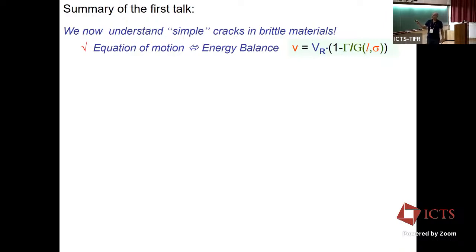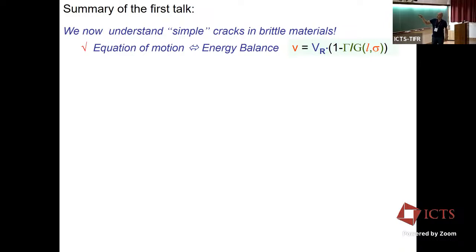So this is telling us that the instantaneous velocity has an asymptotic velocity, the Rayleigh wave speed. Remember, that's the speed at which a disturbance moves along a free surface. And it accelerates as G progresses.